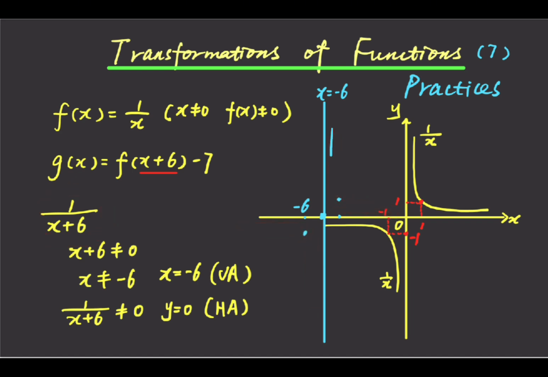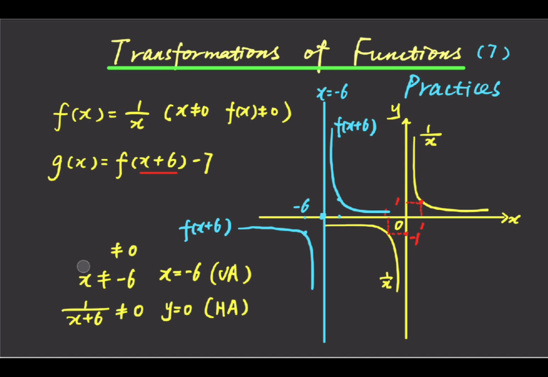Okay, we can get this branch. It should be f(x + 6). If you can figure out this graph, you are close to the final transformed function's graph.